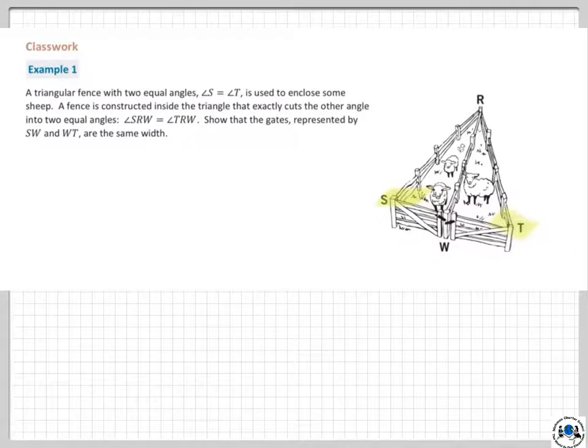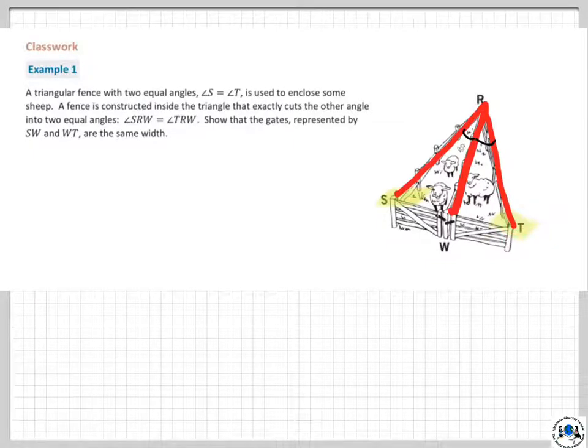A fence is constructed inside the triangle that exactly cuts the other angle into two equal angles, which are SRW and TRW. So it exactly cuts the other angle into two equal angles, and we know that these two right here are equal.